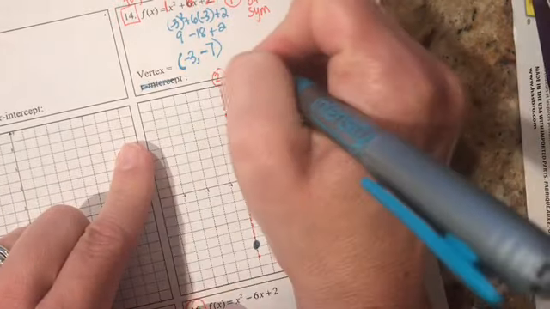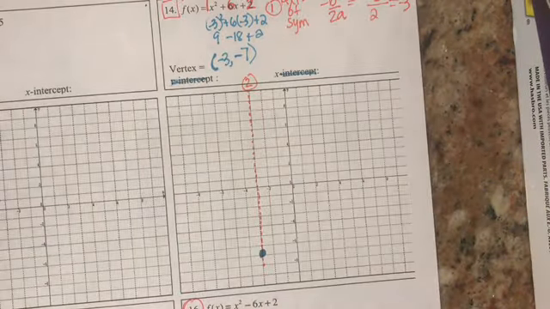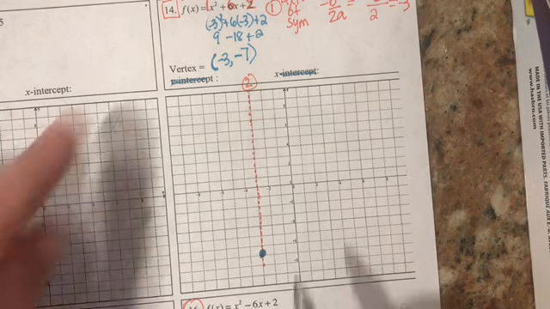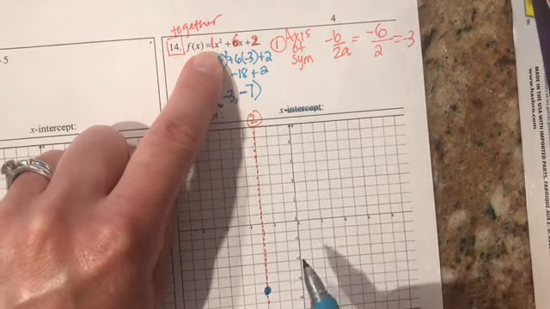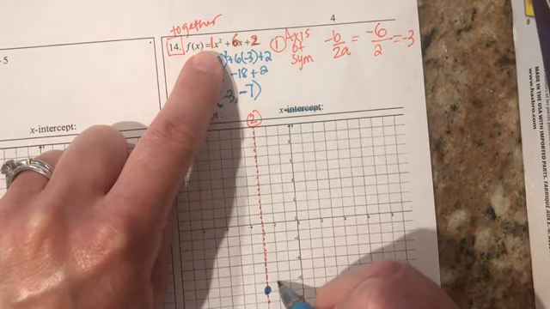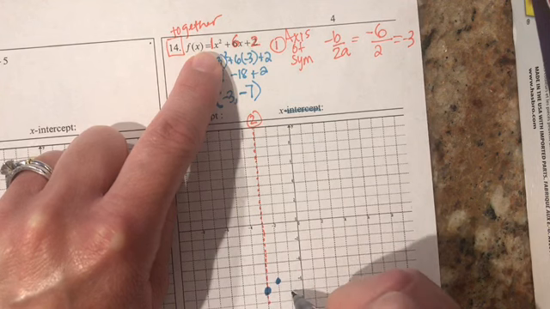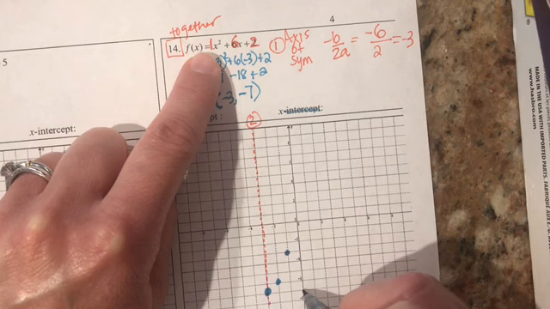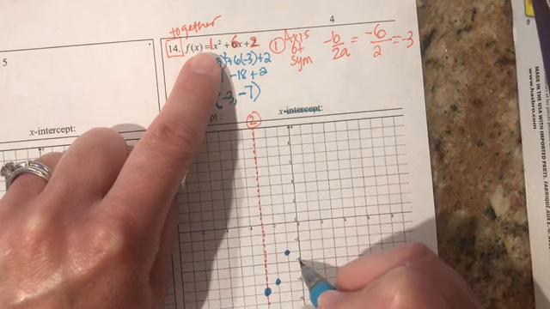Then what I want you to do is find at least 2 more points. If you want to look at Desmos, you can. We also can remember how a parabola with a 1 in front grows: over 1, up 1. When you go over 2, 2 squared is 4. And over 3, 3 squared is 9.